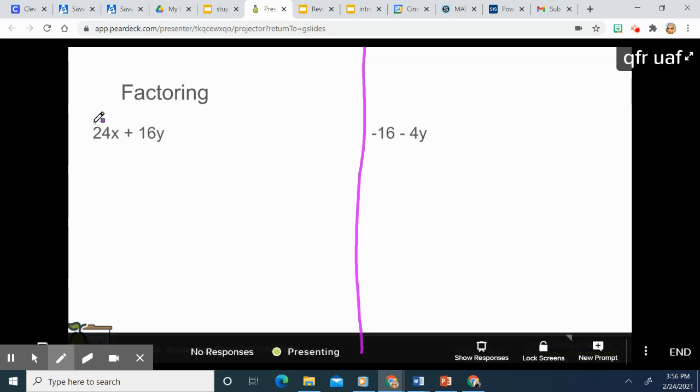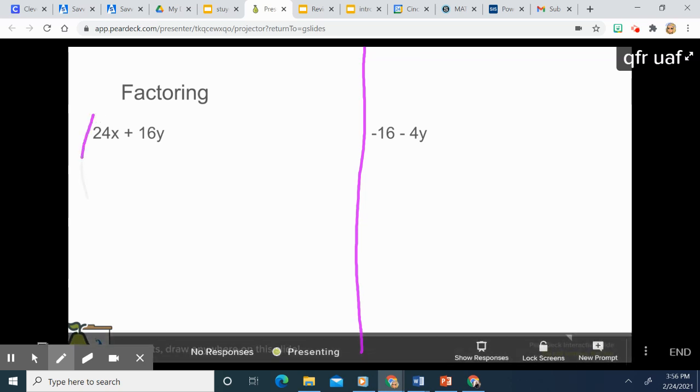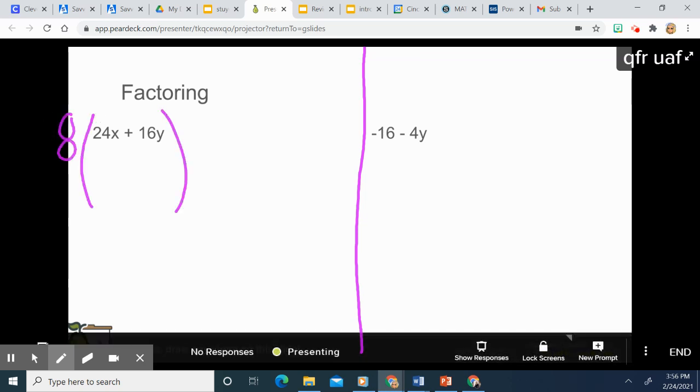The greatest common factor for 24 and 16 is 8. So I'm going to factor out an 8. When I do that, I divide both terms by 8 to see what I have left over. So 24x divided by 8 is 3x. And then 16y divided by 8 is 2y.